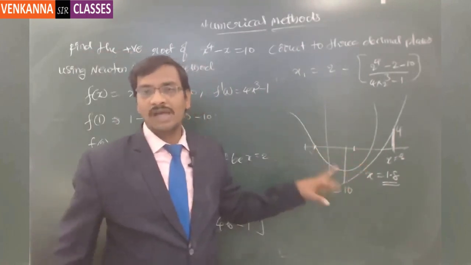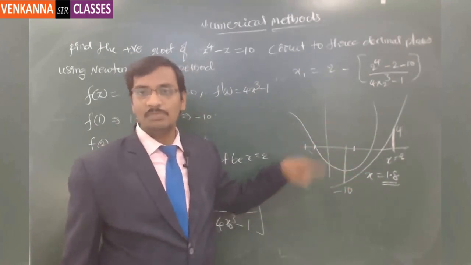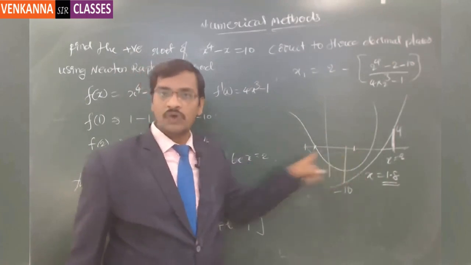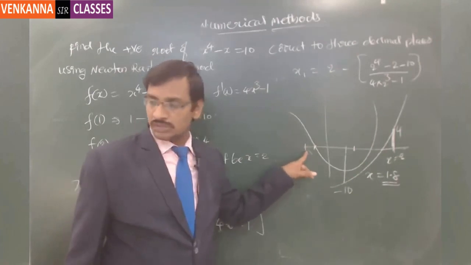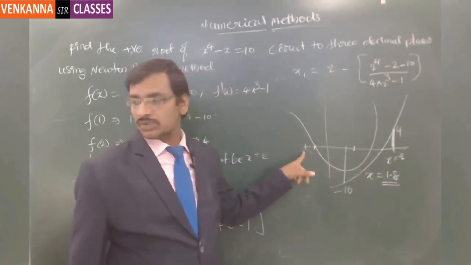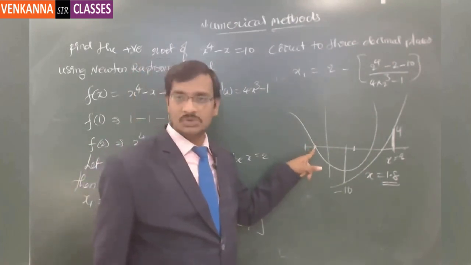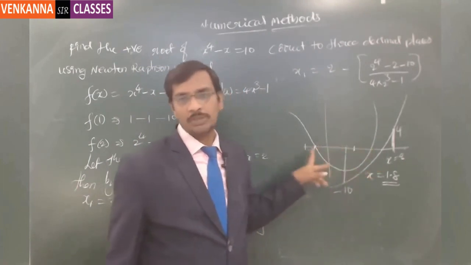If you select a value which is far from the solution, you decide based on the y value when you substitute the approximated root. If it is too far from the solution and there is a nearby solution, you wanted to identify this root but approximated at the first root's location, then there is a very high possibility that you might land at this solution rather than this solution. Got it? So you have to be cautious.